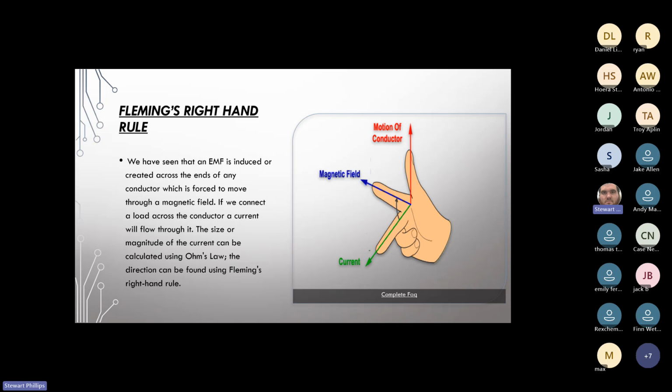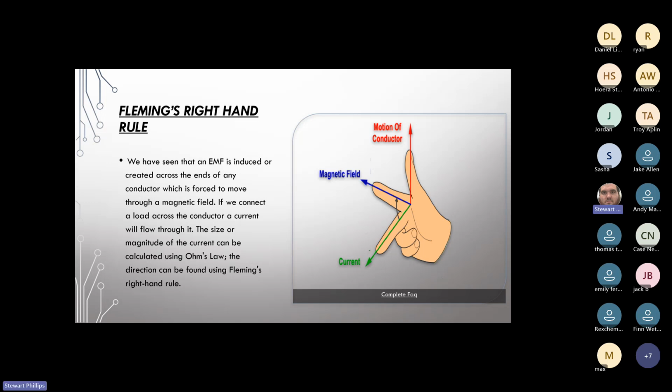If we connect a load across the conductor, a current will flow through it. The magnitude of the current can be calculated using Ohm's law. The direction can be found using Fleming's right-hand rule. If the thumb is the motion of the conductor and the index finger is the magnetic field, we can determine the current.